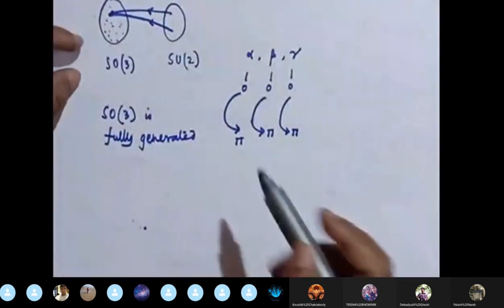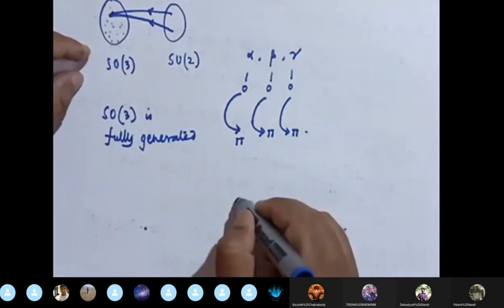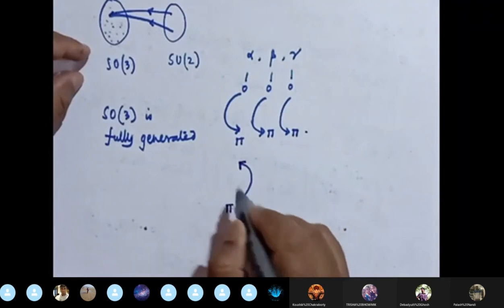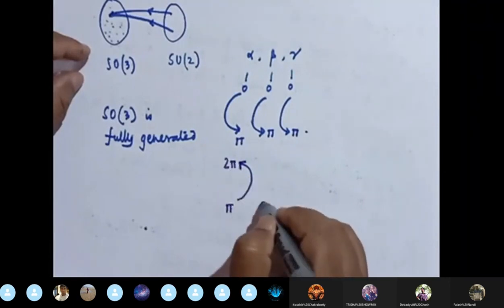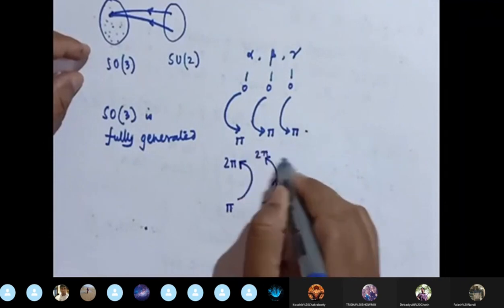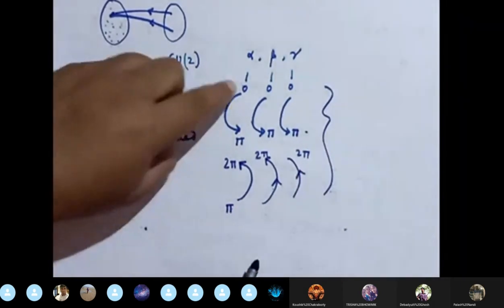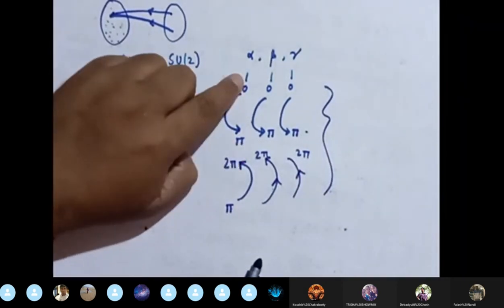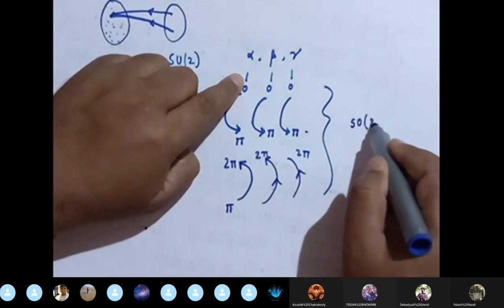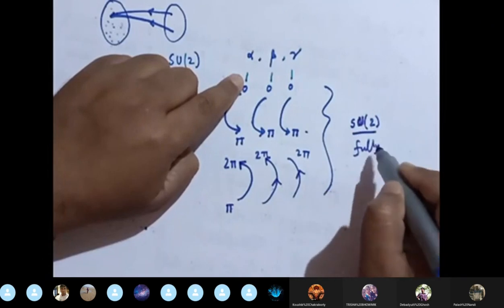Therefore, when alpha, beta, gamma vary from 0 to 2 pi, and then pi to 2 pi, SU2 is fully generated.